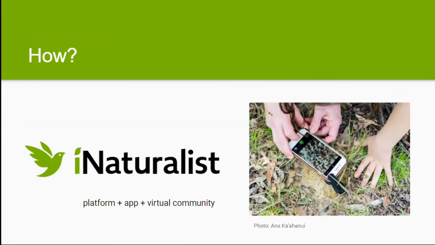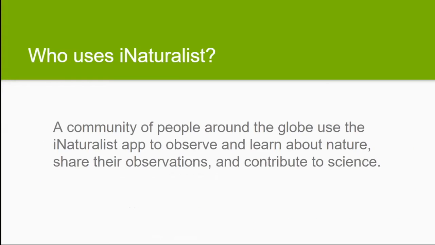So how can we do this? As I mentioned, iNaturalist is a very powerful citizen science platform. It's an app on your smartphone, and it also connects you to a worldwide virtual community of people, some very knowledgeable professional scientists, other folks who are just regular people who are learning, just like you and me. Who uses iNaturalist? Around the world, there's an entire community who use this app to observe and learn about nature and share their observations.